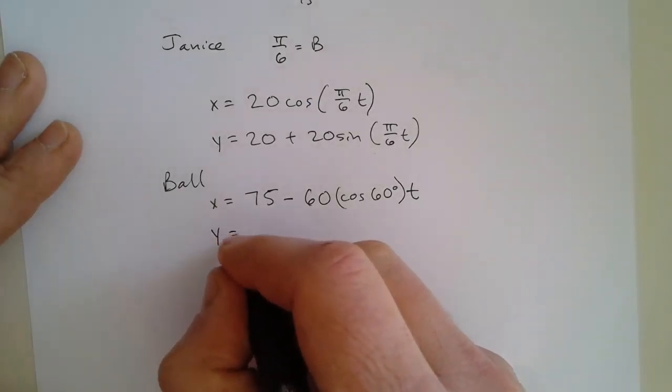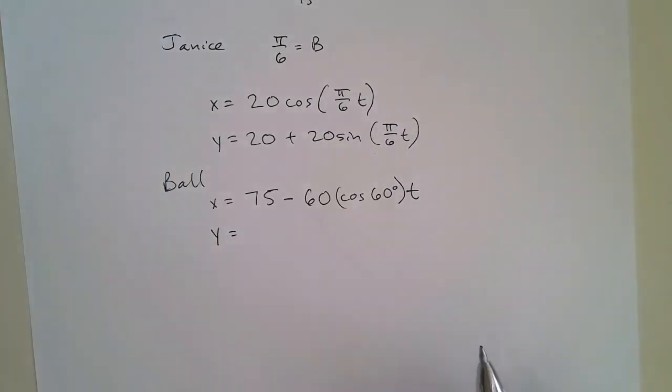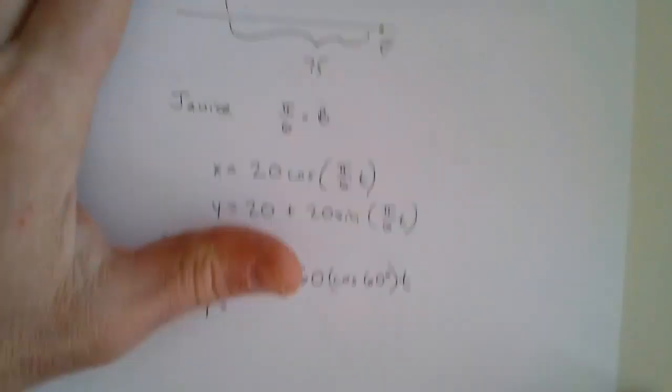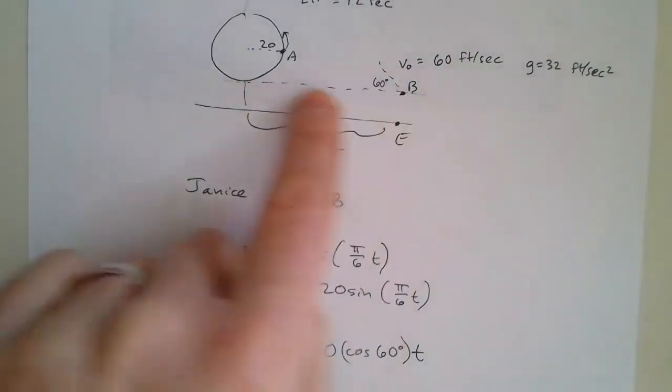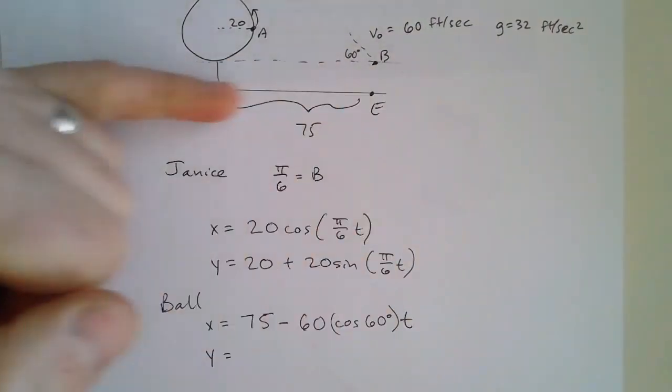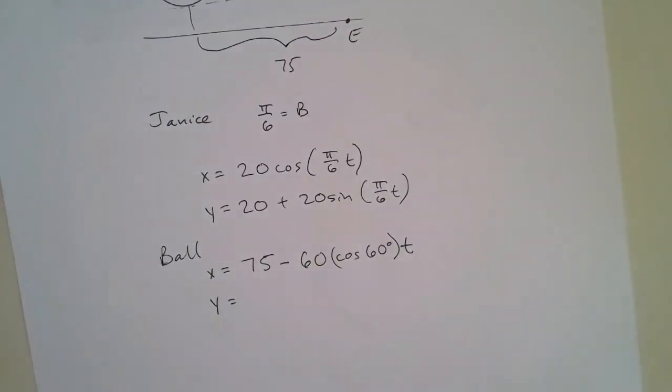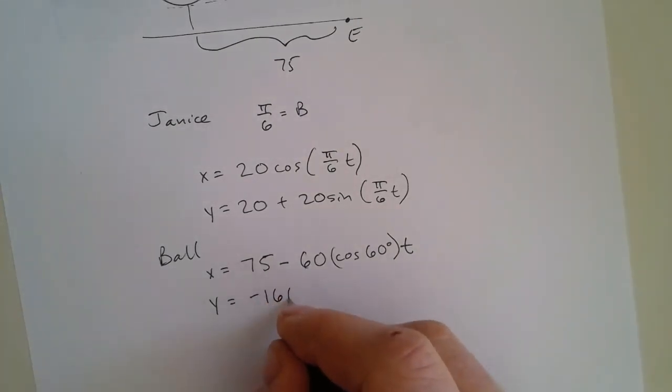For the y, we're at the same level as the bottom of the Ferris wheel, so that's what we're using as our horizontal axis, so it'd be a 0 as your initial height. We're going to have to factor in gravity here, and that's going to be the negative 16t squared.